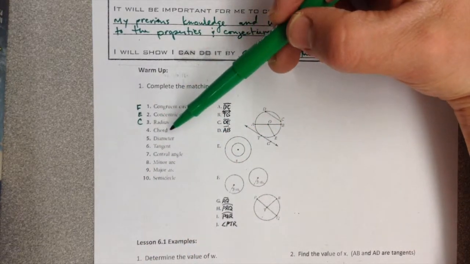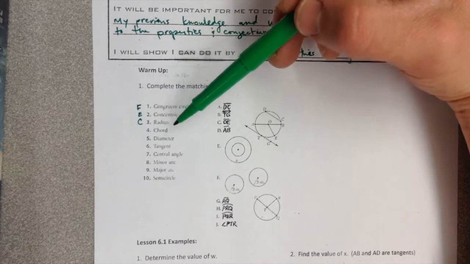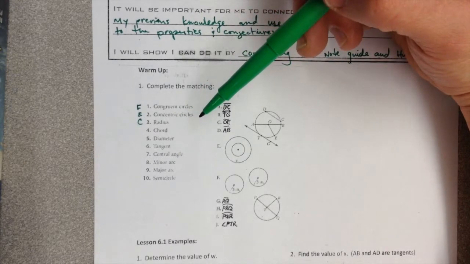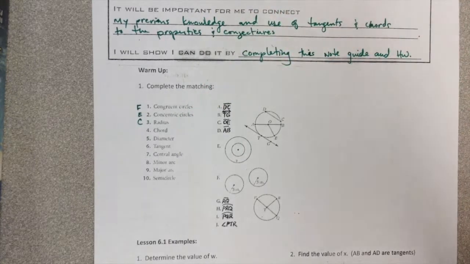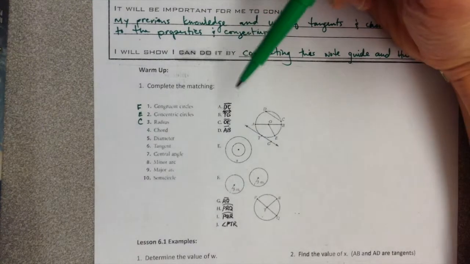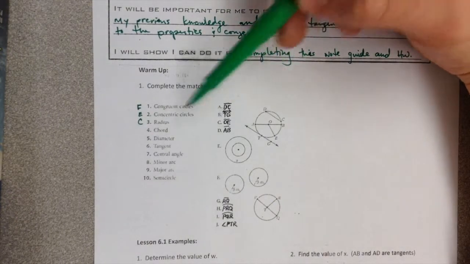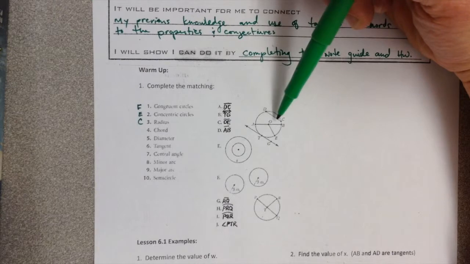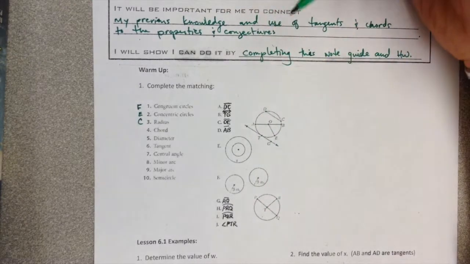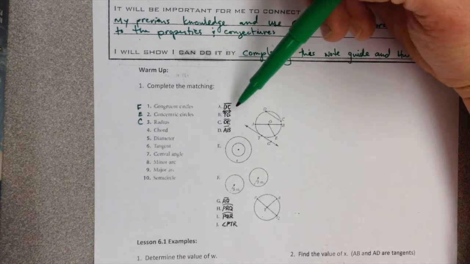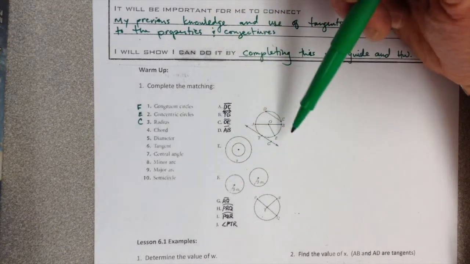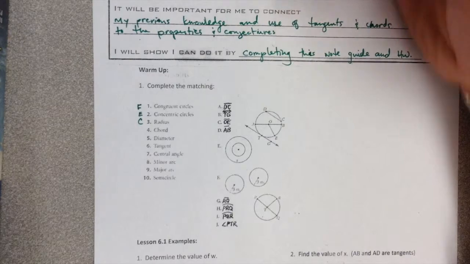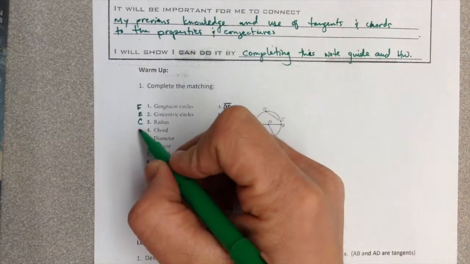Remember, a chord is defined as a segment whose endpoints lie on the circle. So here we have a chord here at DC. AB is also a chord, and PQ is a chord down here. The one that is listed here is DC. DC is our chord, so that is letter A.